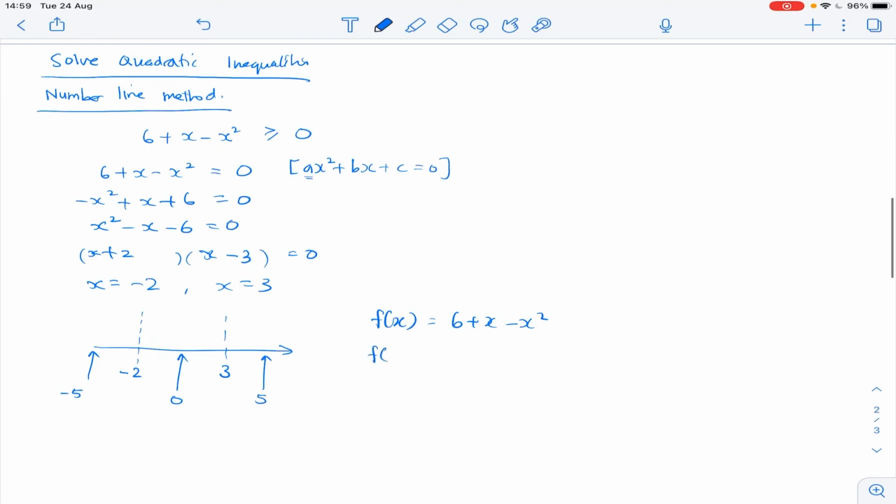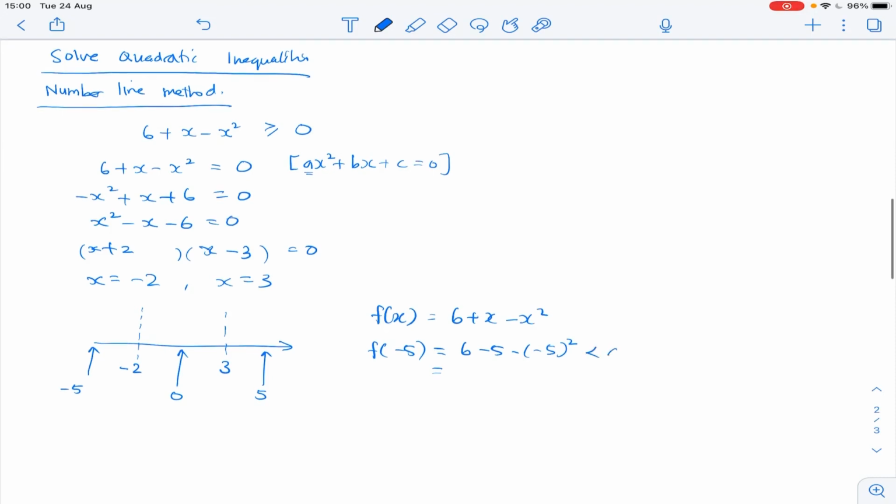So if x were negative 5, I key that in. So this will be 6 minus 5 minus negative 5 squared. I don't need to know the exact value. I just need to know whether my final answer is a positive number or a negative number. From here, I can easily deduce that this is going to be a negative value.